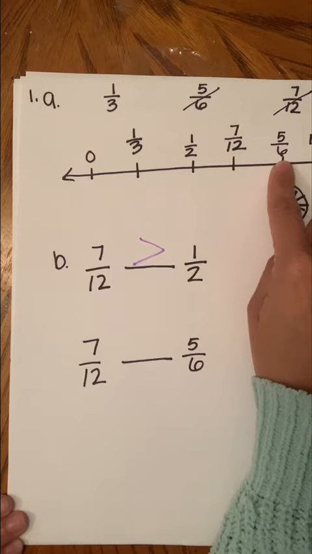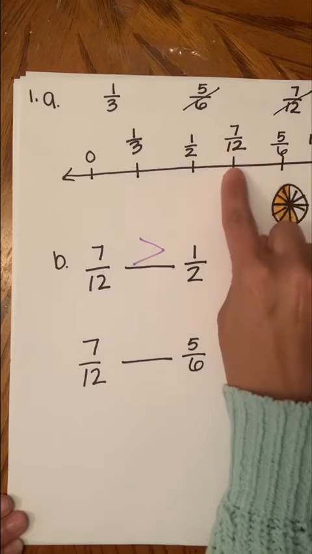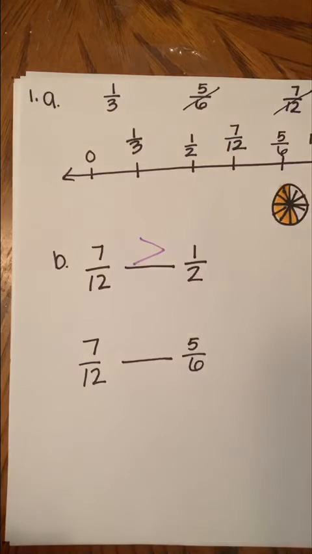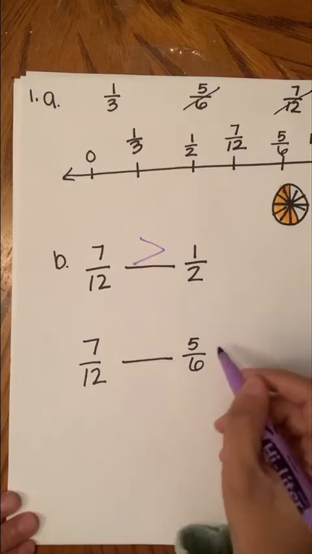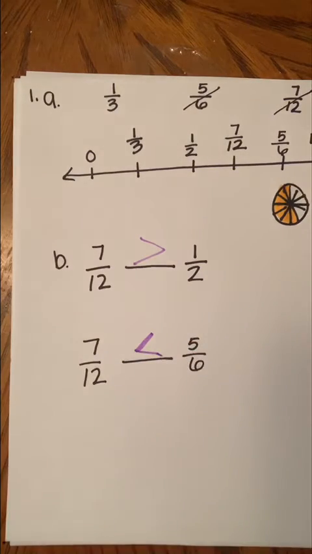So we know that it's closer to the 1 than the 7/12, right? So we could say here that 5/6 is closer to 1 than 7/12. Agree or disagree? Go ahead and try to do B on your own.